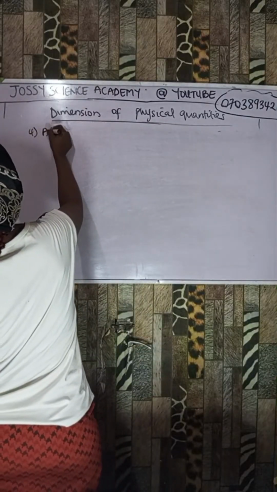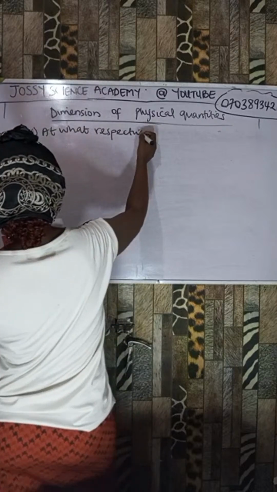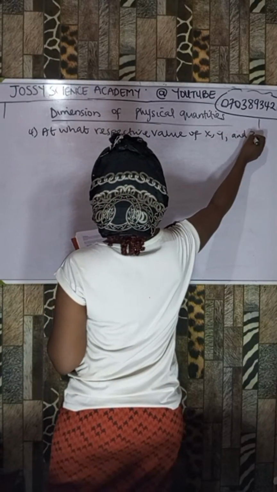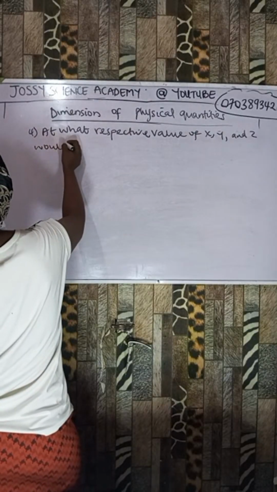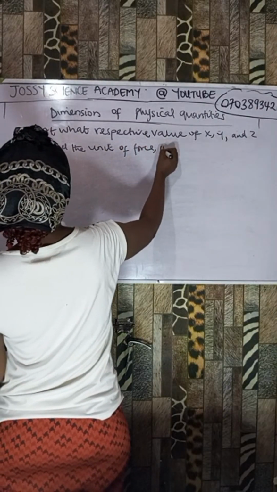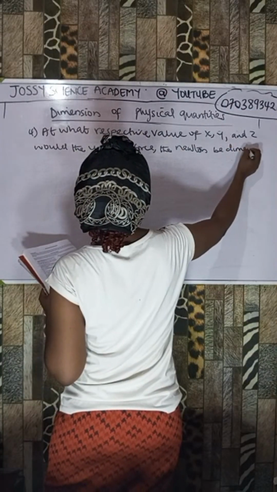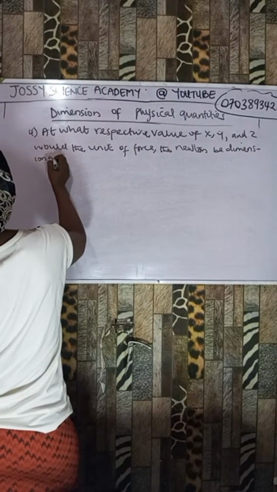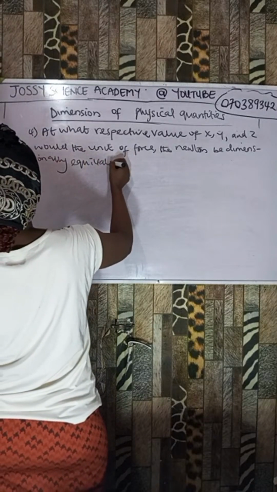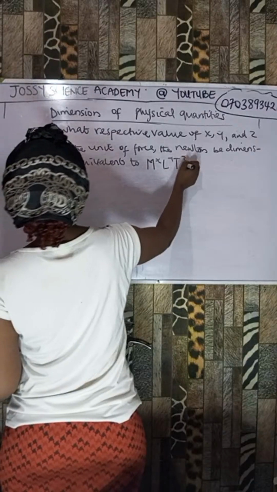Okay, this question says respective values of x, y, and z would the unit of force, the Newton, be dimensionally equivalent to M^x L^y T^z.